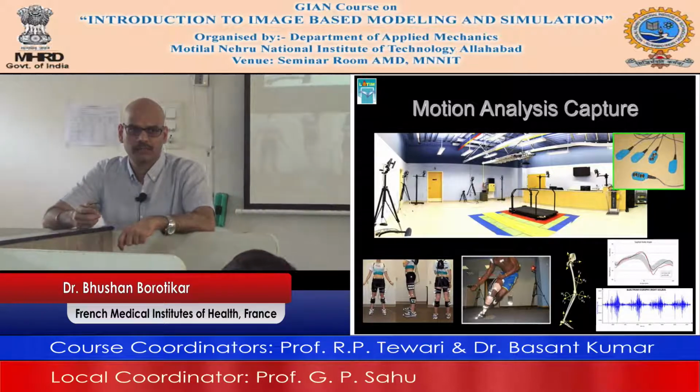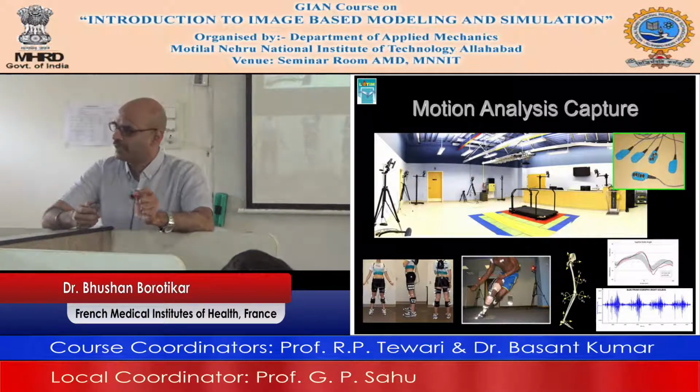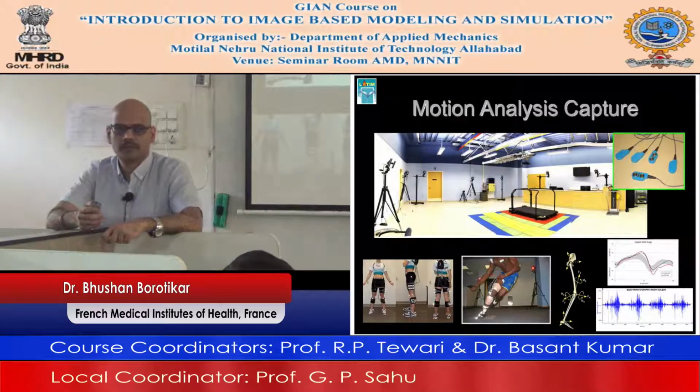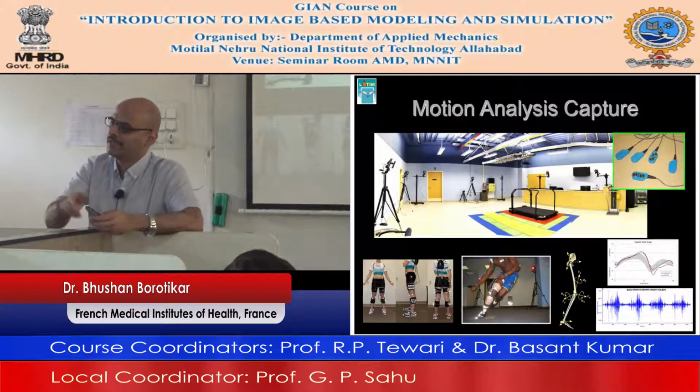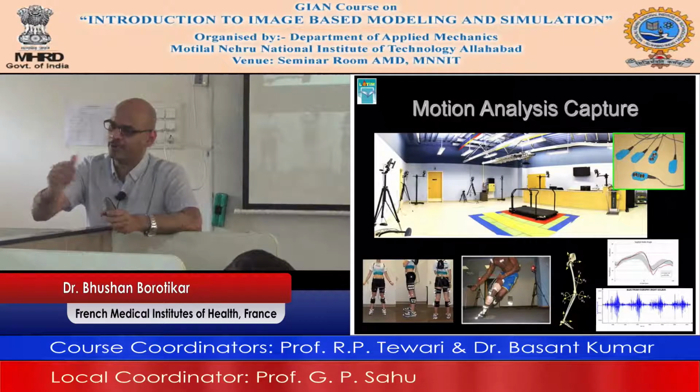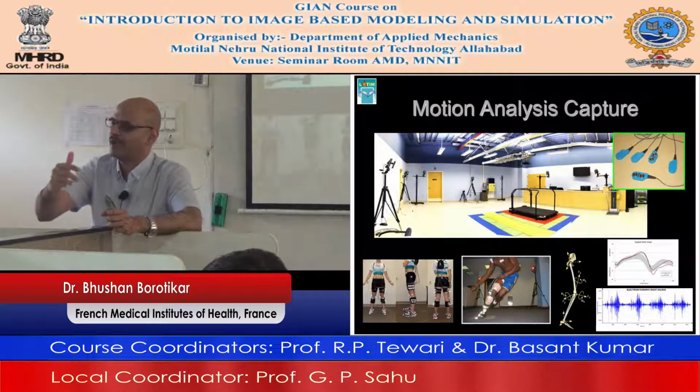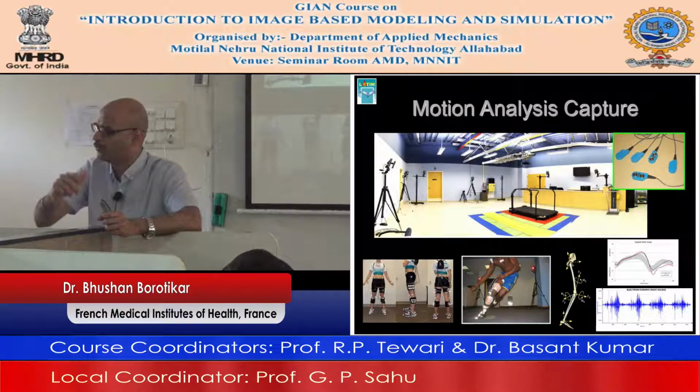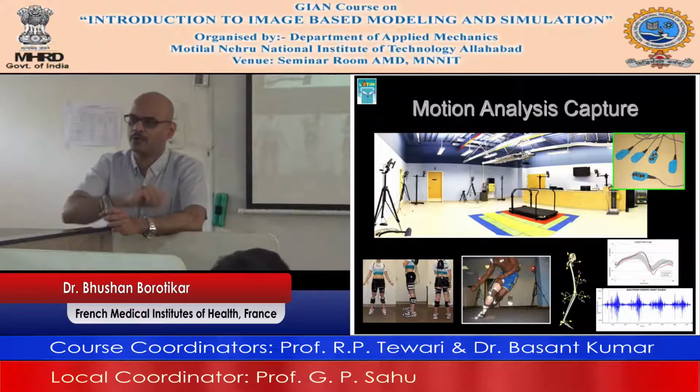Can you get it? We are using the markers to move the segments, not to get the joint centers of rotation. We already put in our joint center of rotation and joint coordinate systems in x, y and z axes, and how they are going to move relative to each other. We have already put that in our model.